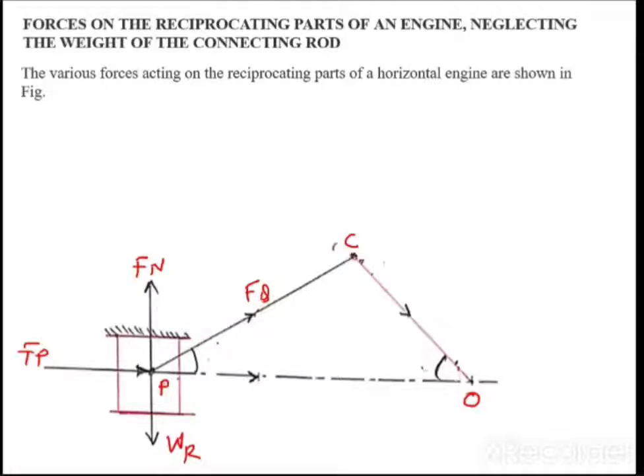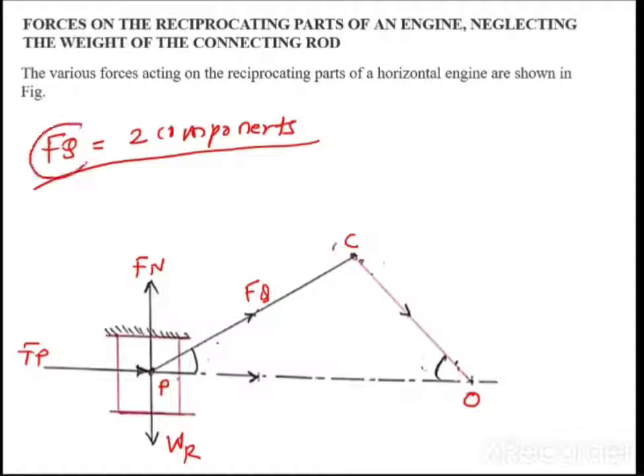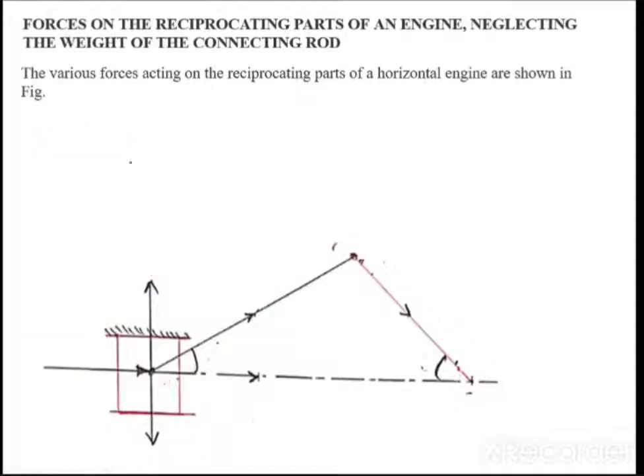Now this FQ can be resolved into two components. How many components are there? There are two components into which the FQ can be resolved. So what are the two components that we have to understand here?